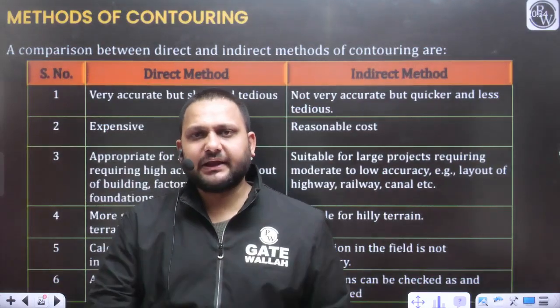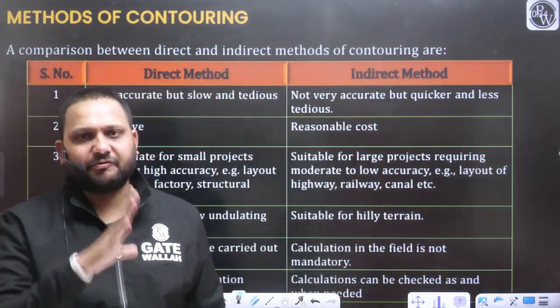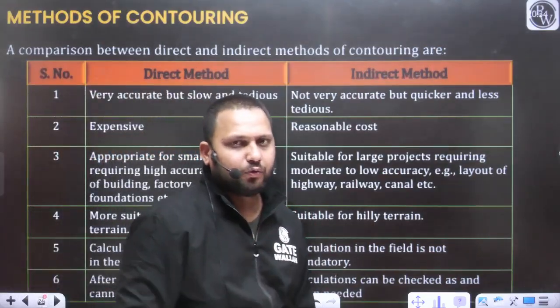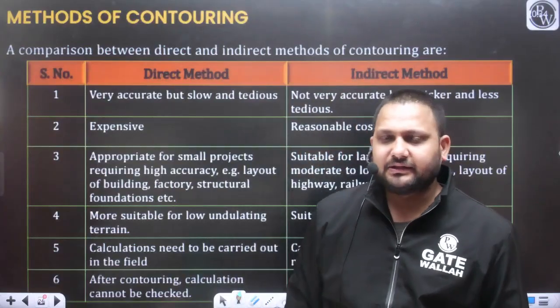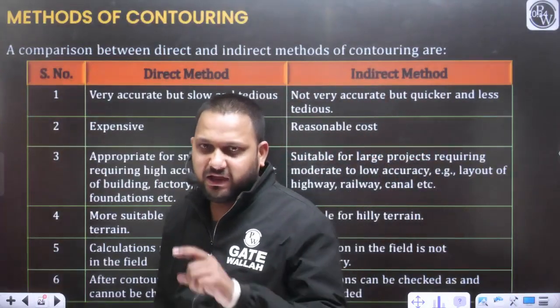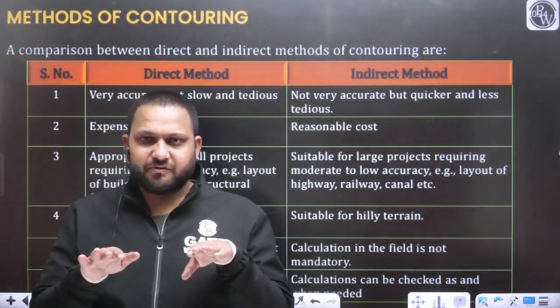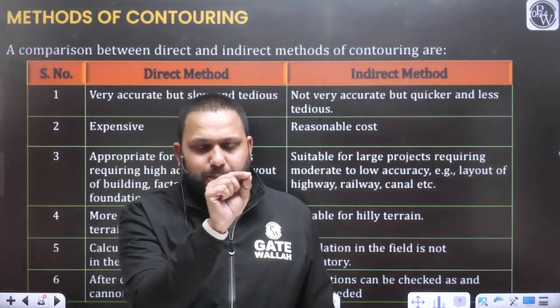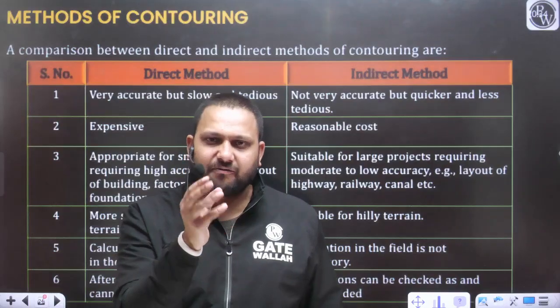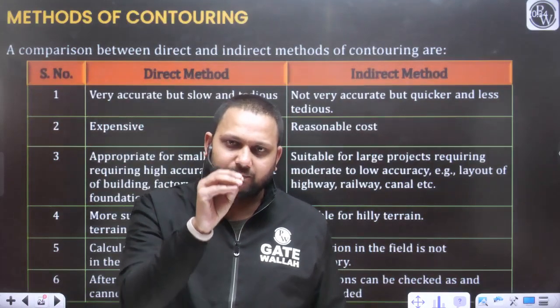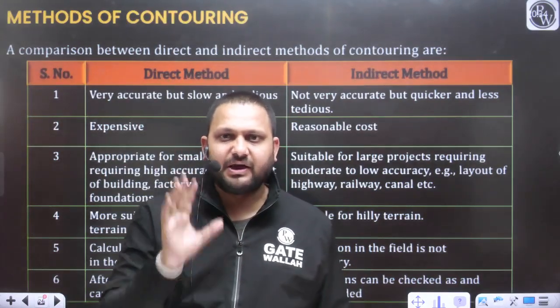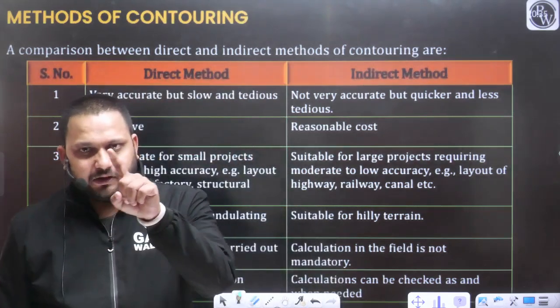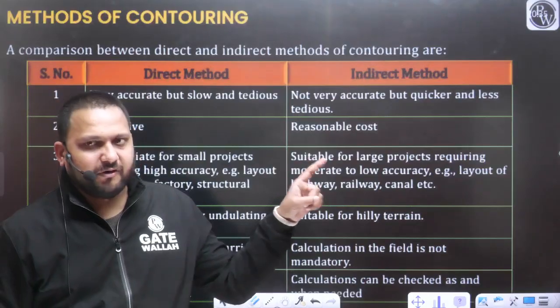If we are locating all the points directly on the field, for example, I want to draw the contour of 5 meter, what will I do? On that feature, from the reference, I will locate all the points with the help of the staff having an elevation of 5 meter from the reference.